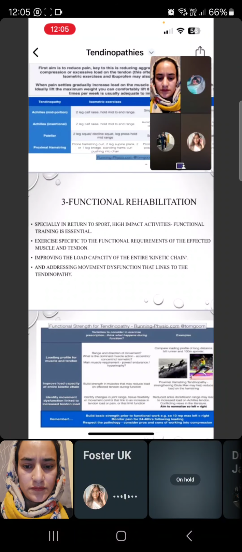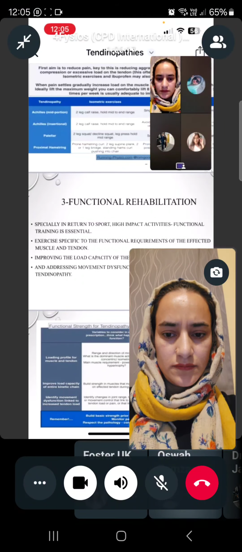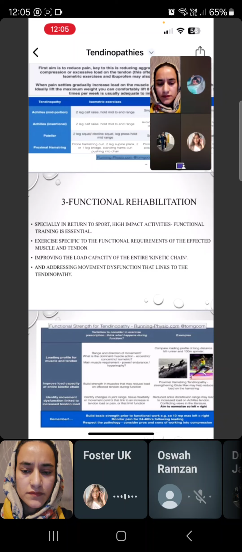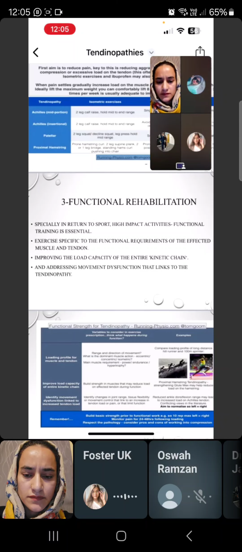For example, your knee support comes mainly from your glute control. When you're walking up a hill, your glutes take over. So if your glutes are weak, that's going to overload your knee. So the kinetic chain here involves strengthening your glute muscle. That is also the same for your calves, involvement of glutes, involvement of quads.